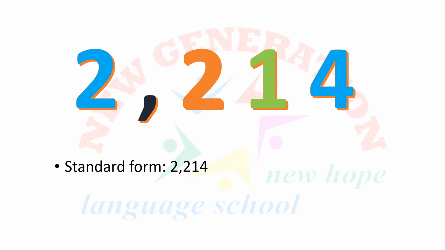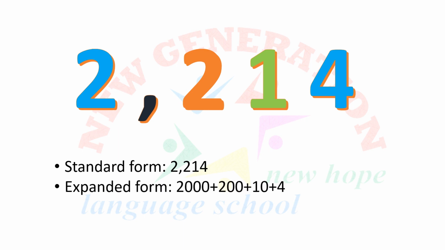We know this number is 2214. You can write it this way; this form is the standard form. There are other forms that help us with other things. There is the expanded form. In expanded form, I put the number in the form of a summation of the values of its digits.